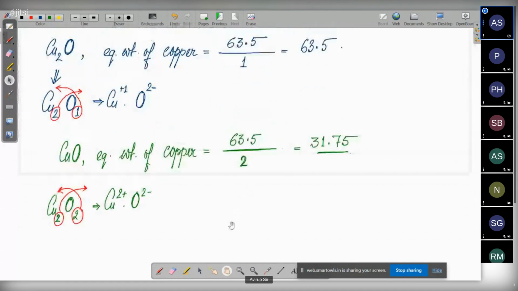So one thing you can conclude from here, that for the same element, equivalent weight is inversely proportional to the valency.